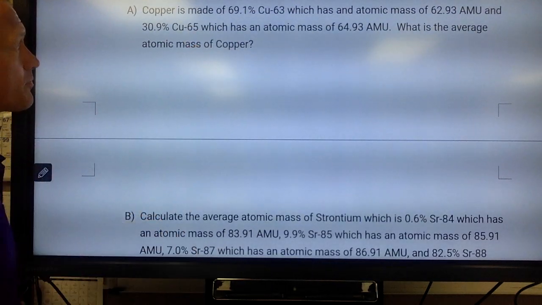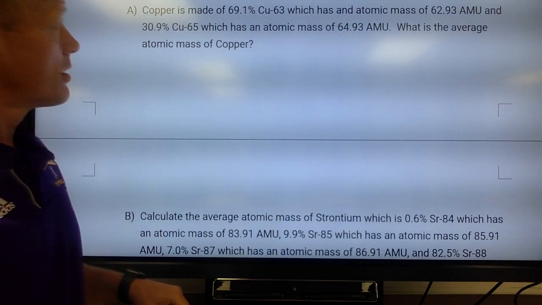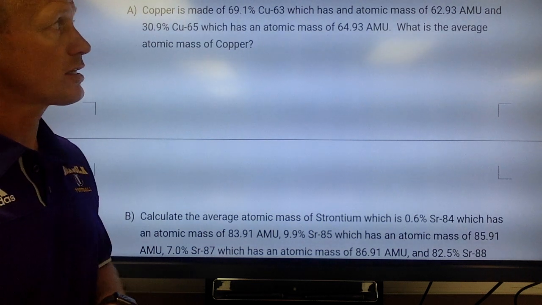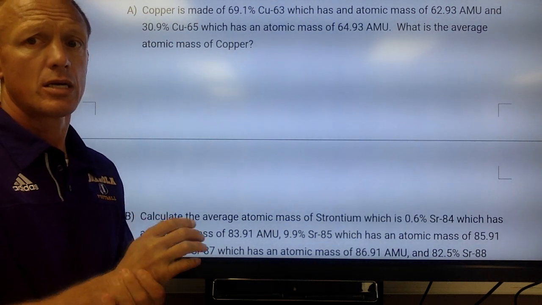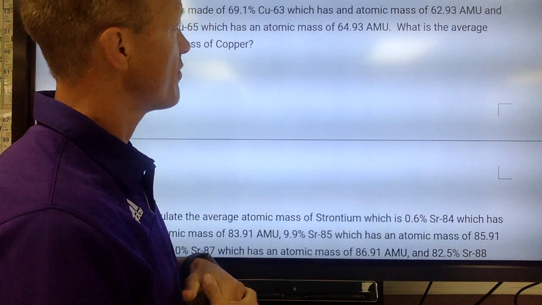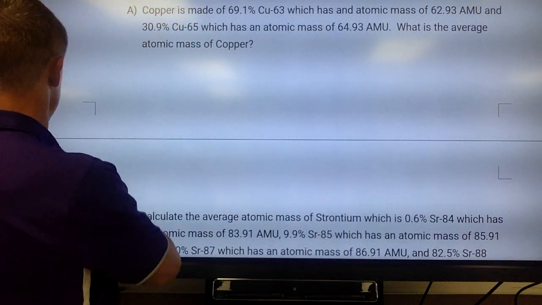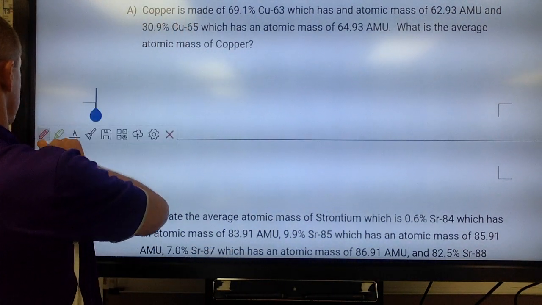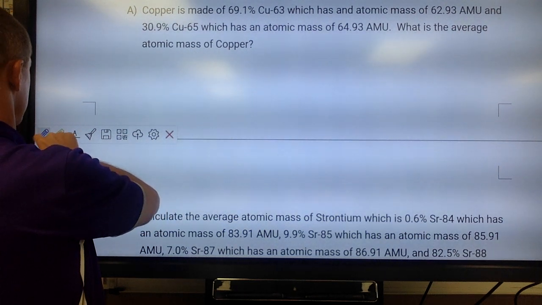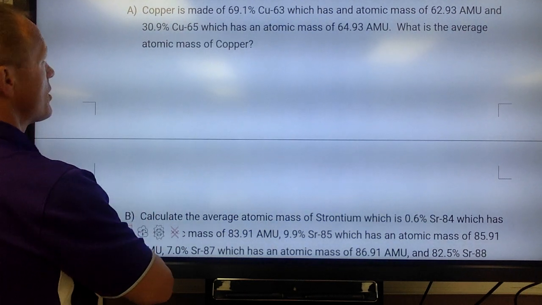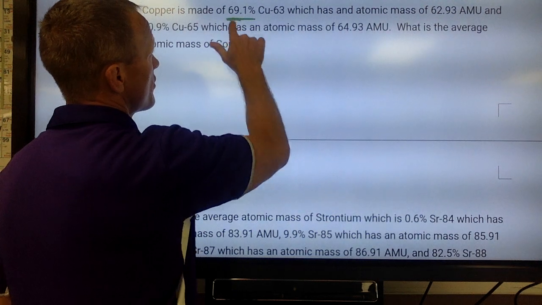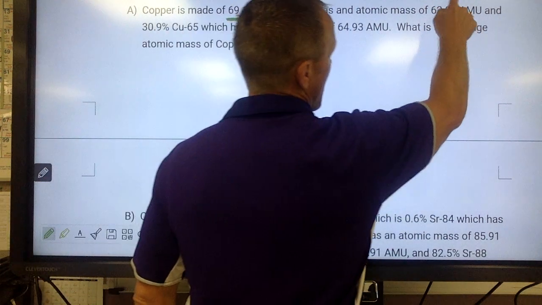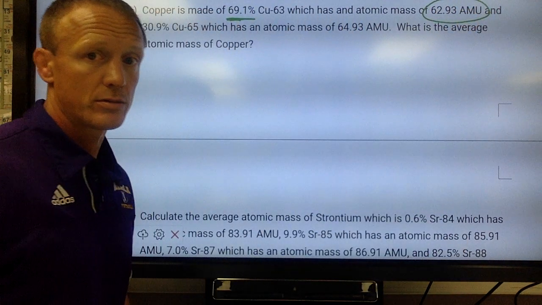All right, one more little part here: figuring out atomic mass. This is telling you the percent of each isotope. This percentage of copper weighs this many AMUs.